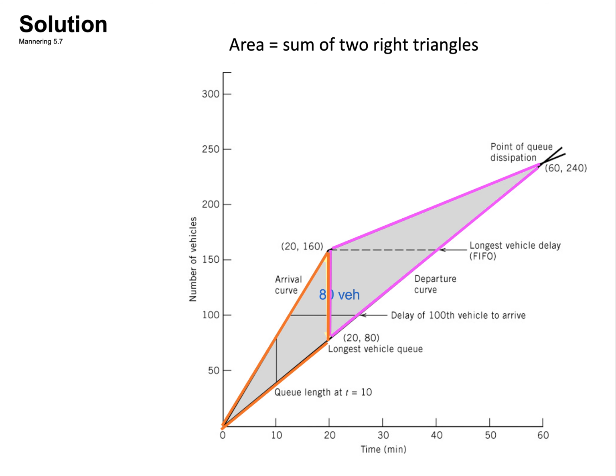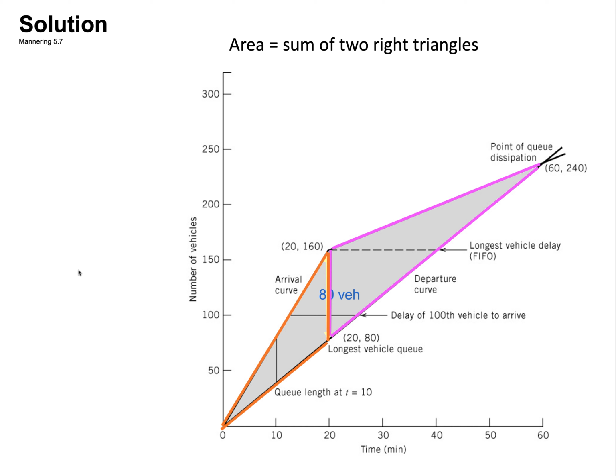So we can calculate the total delay as the sum of the two right triangles. And so it's just 1/2 base times height plus 1/2 base times height. For those two triangles, the triangle on the left, 1/2, the base is 20, the height is 80.